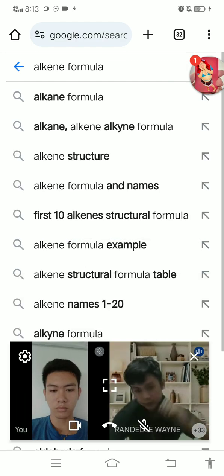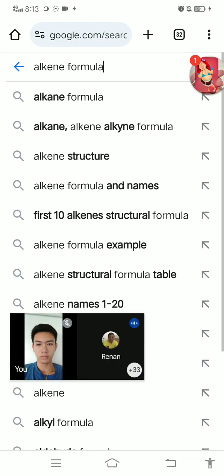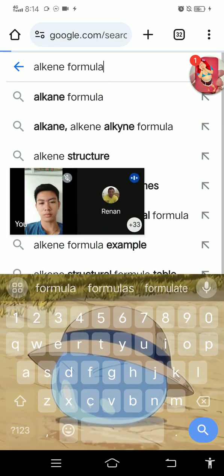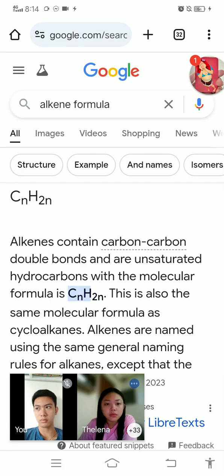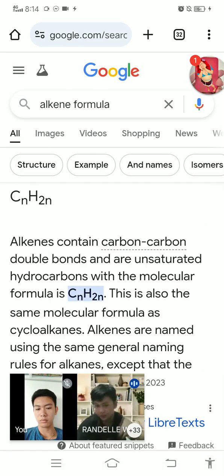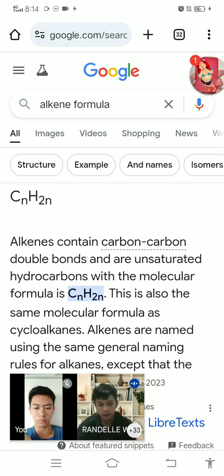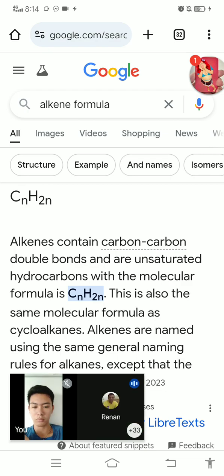Yes, sir. Okay, so if we have a C2, what is our partner for H? 4, sir. Okay, C2H4. And what is the name of C2H4? Ethene, sir. And the other common name for ethene is ethylene. Hindi kasi nakikinig sa mga laboratory session.